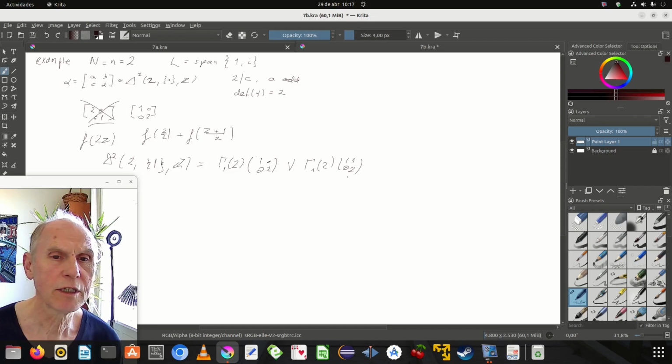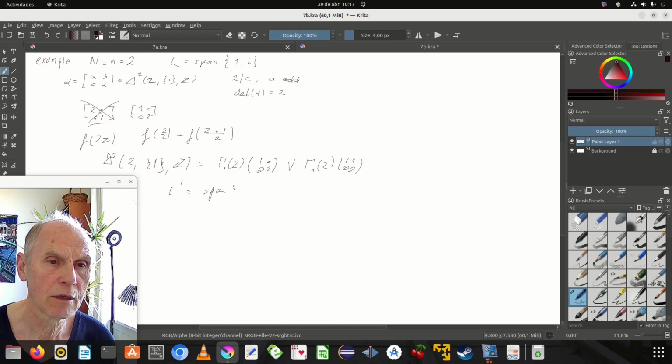So we need to see how our different choices of t operate in this. And one of the L marks is span 1.